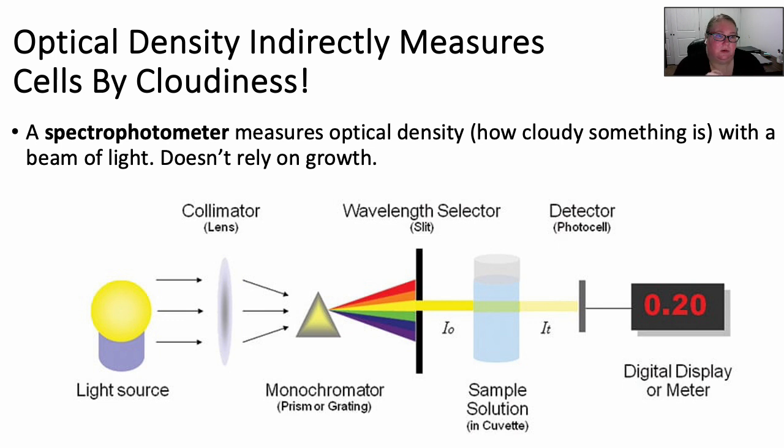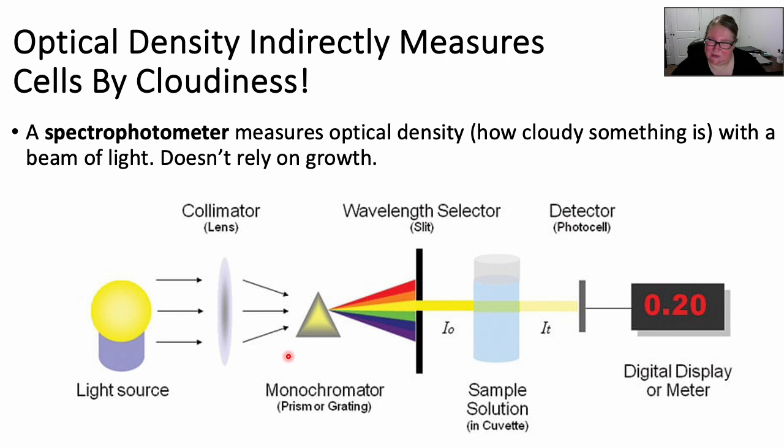Okay, so what we're going to do is use the spectrophotometer. It's going to use a beam of light to measure the optical density. So what's going to happen here? We have our light source in our spectrophotometer. We are going to turn it on and it's going to shine. That light is going to be collected by a lens. That lens is going to focus it to a monochromator.